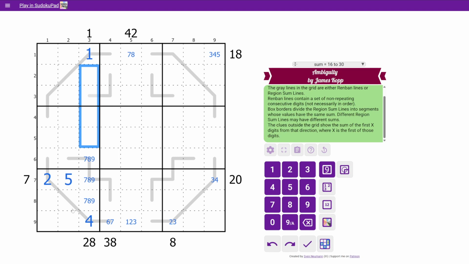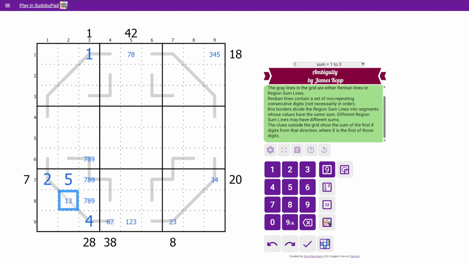Don't know if that is of interest. Is this a 1? If this is a 1, this is a 7. Otherwise, this is only a 1 or a 3.